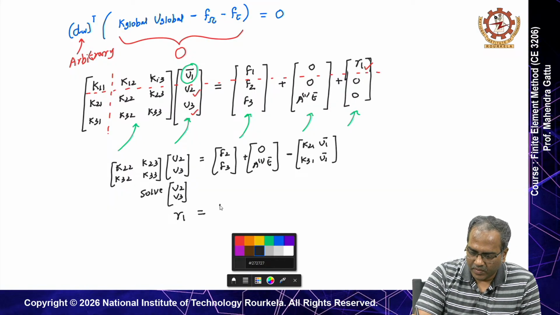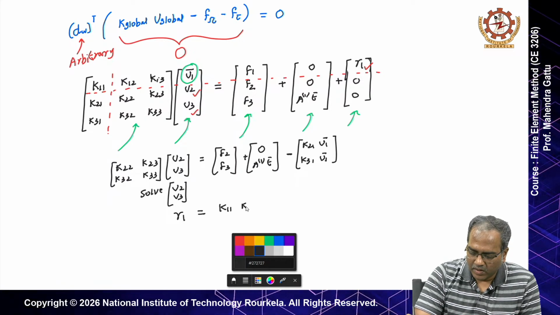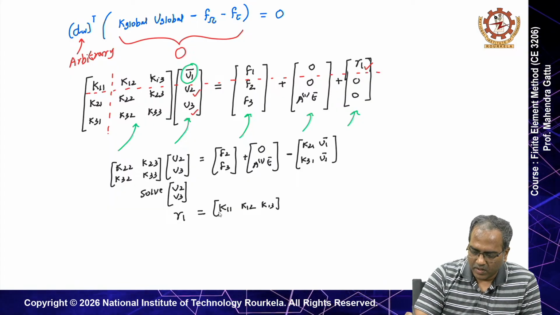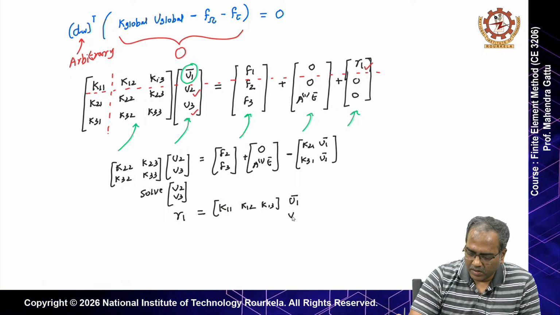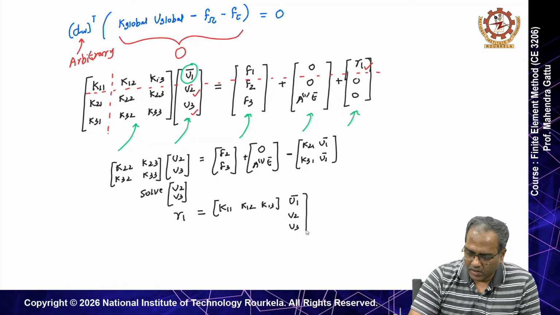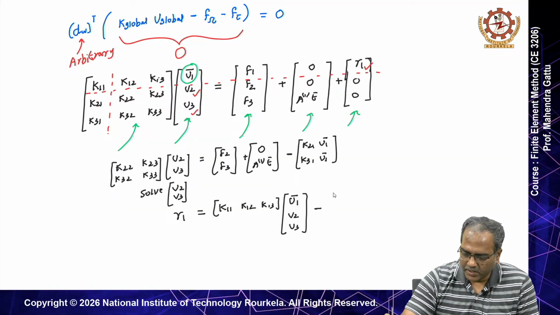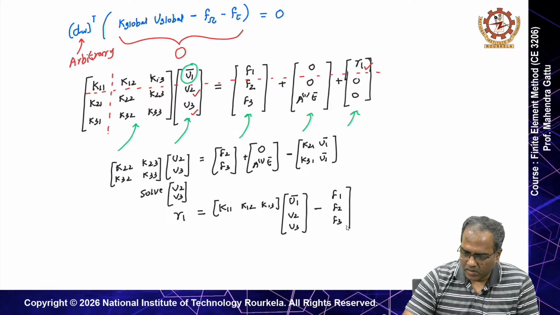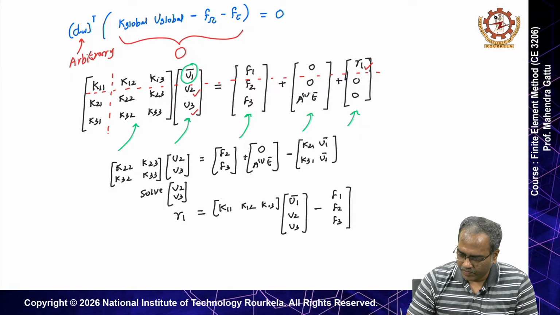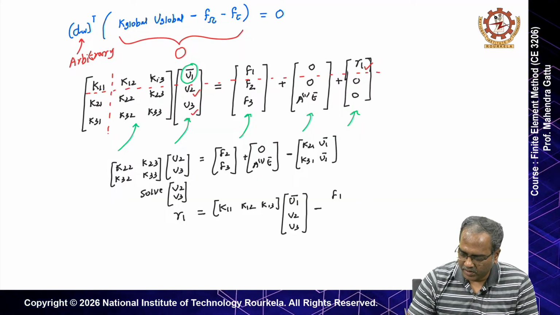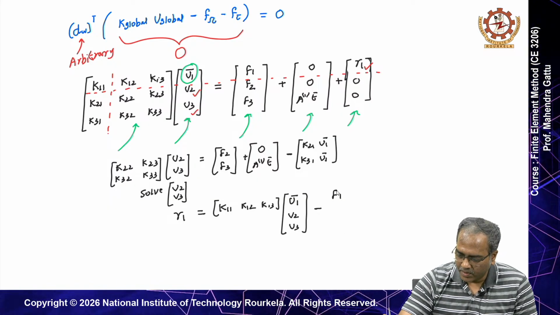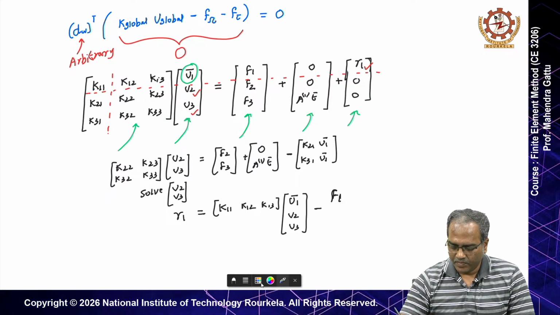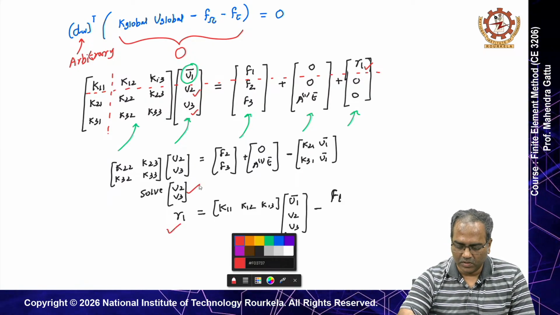R1 will be K11, K12, K13 times U1 bar, U2, U3, minus F1. So, we can find R1 also.